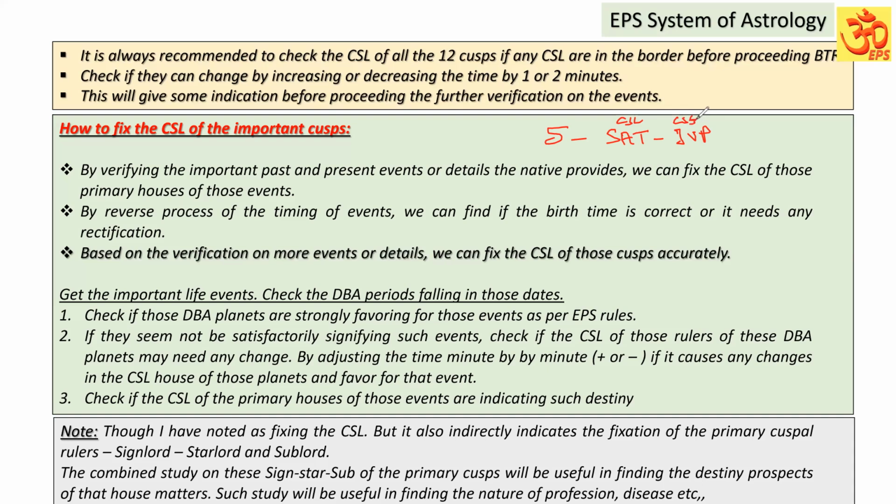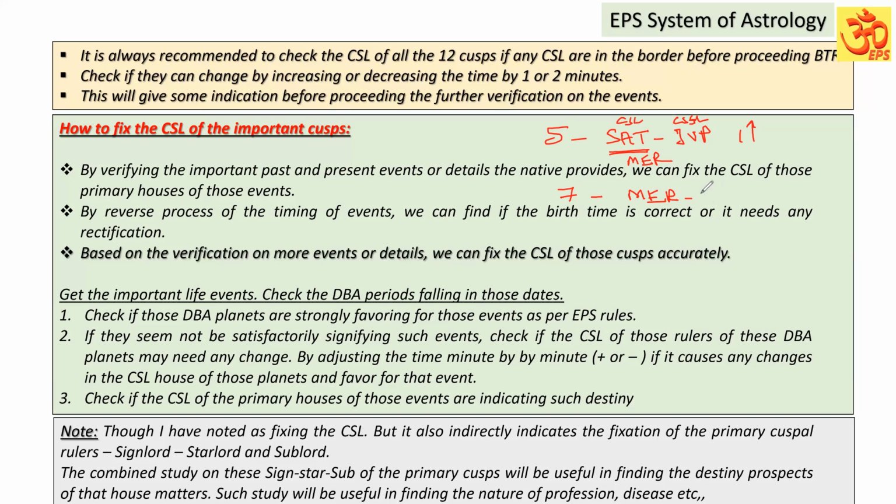Because the cuspal sub-sublord will be useful in identifying the duration of the cuspal sublord. It indicates what? The fifth cuspal sublord Saturn is in the margin. A 1 minute increase in the birth time can change the fifth cuspal sublord from Saturn to Mercury. I hope you can understand. Similarly, for example, the seventh cuspal sublord, suppose it is Mercury.